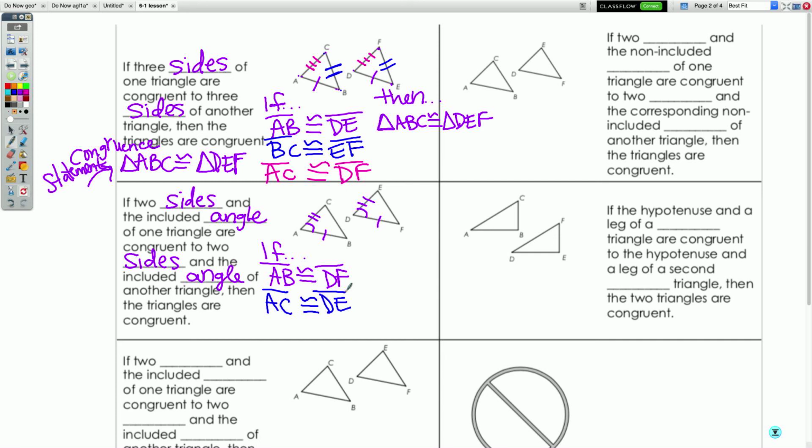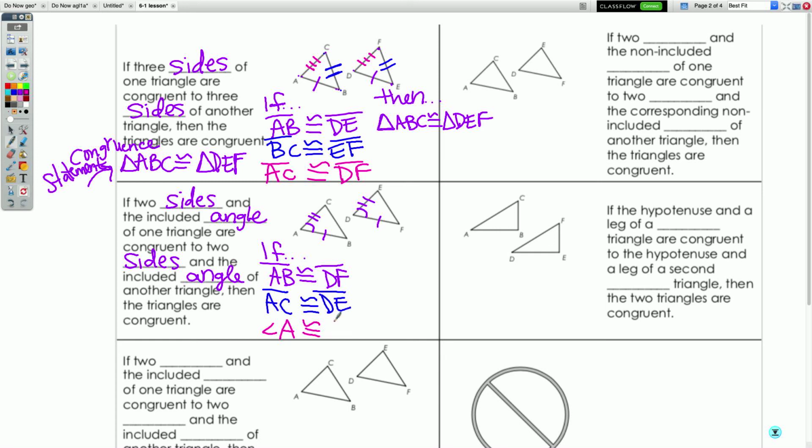Okay, and I'm not marking the third side because it is blank. Do you guys see how there are only 2 sides marked here? Yes. So you're only writing down the information that is marked. So my third piece of information is actually a what? Not a side, but a what? Angle. So I'm going to mark angle A is congruent to angle what? Diego? Good.